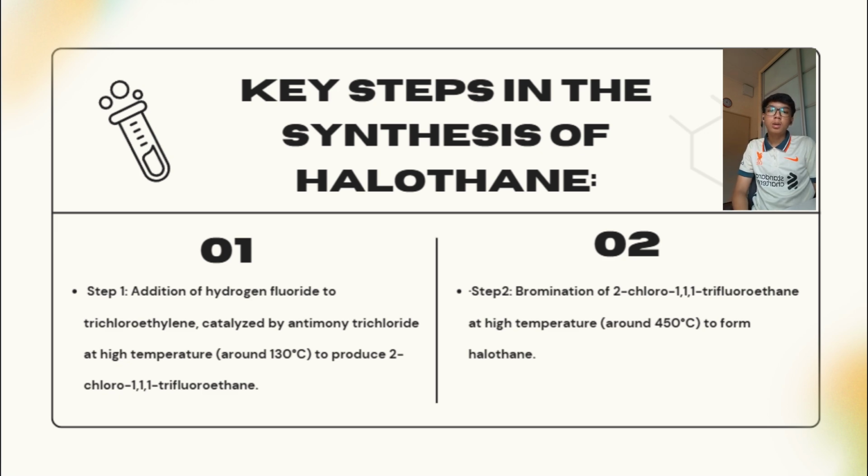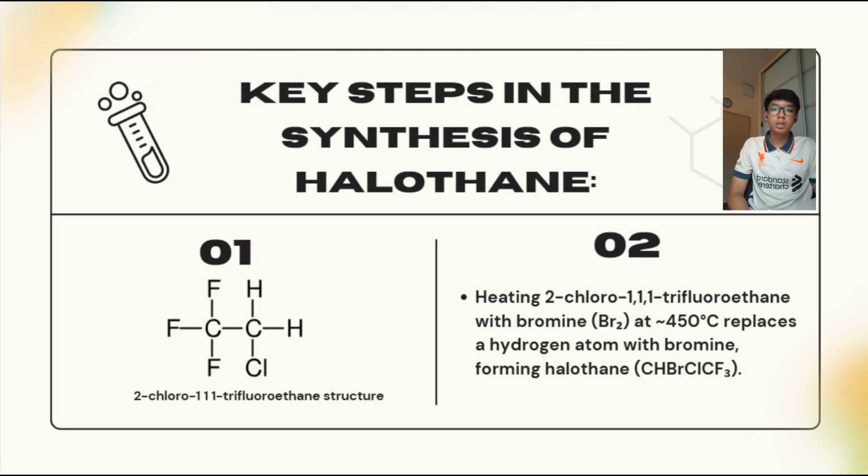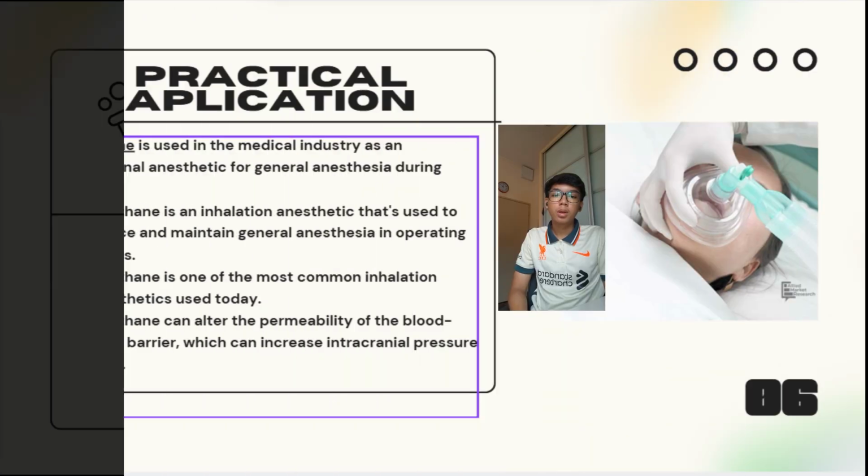The second step is bromination of 2-chloro-1,1,1-trifluoroethane at a high temperature around 450 degrees Celsius to form HELYATI. As you guys can see, this is the 2-chloro-1,1,1-trifluoroethane structure. Heating 2-chloro-1,1,1-trifluoroethane with bromine at 450 degrees Celsius replaces a hydrogen atom with bromine, forming HELYATI.